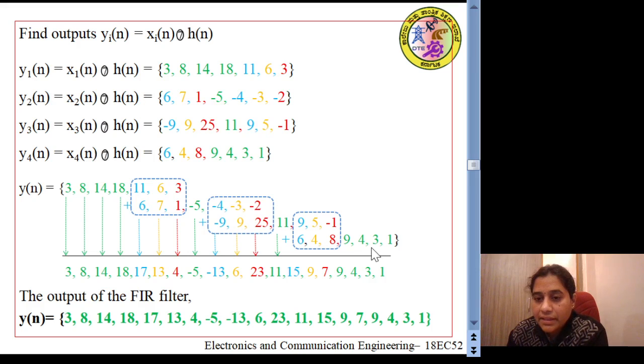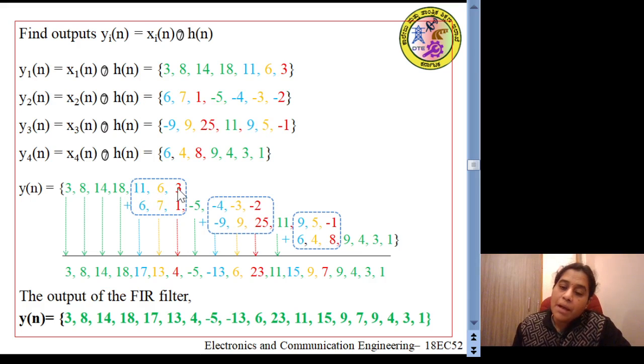See how we are keeping them: the last M-1 samples of the first block coincide with the first M-1 samples of the second block of output, and the last M-1 samples of the second output block coincide with the first M-1 samples of the third block.